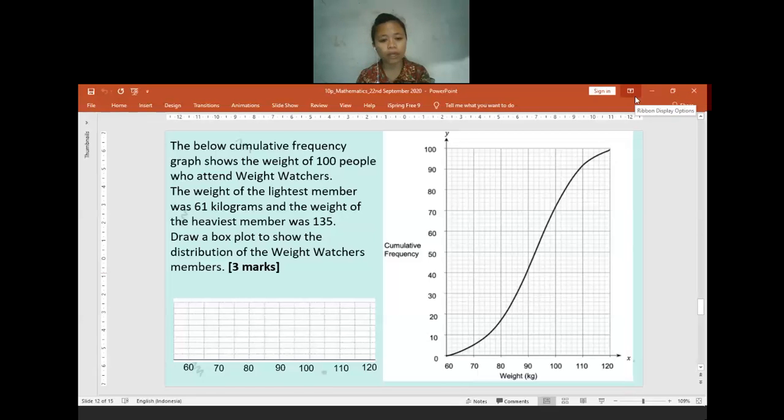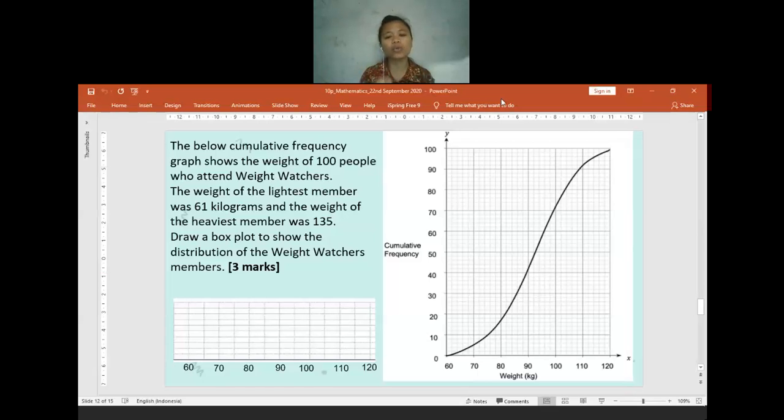Now we already have the lightest and the heaviest one. The lightest one was 61 kg. The heaviest one was 135 kg. Not enough space, sorry.